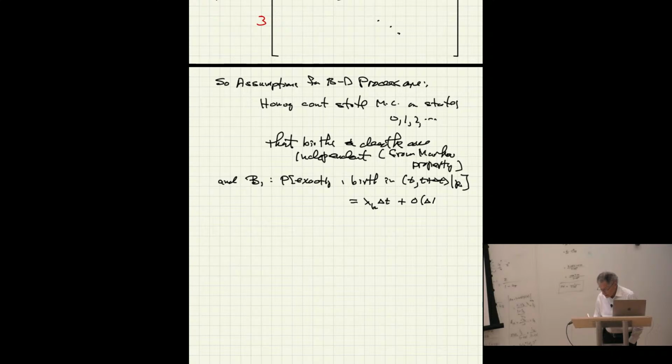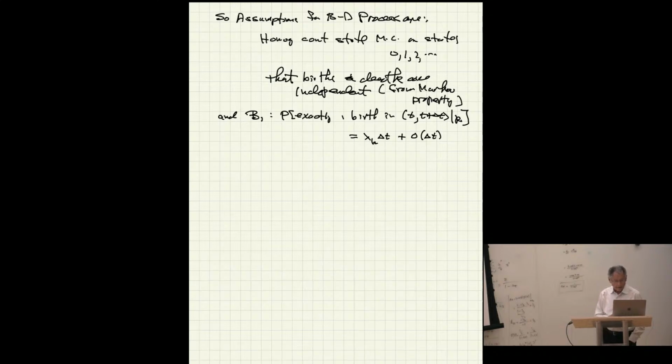And what does little o of delta t mean? It's a quantity that goes to 0 faster than delta t, our usual notation of small o.